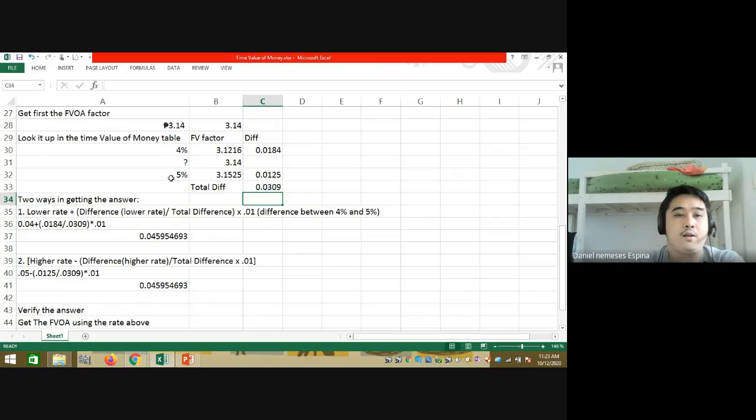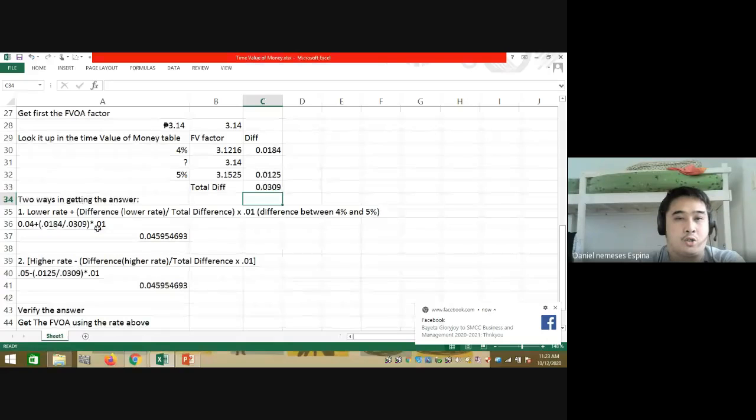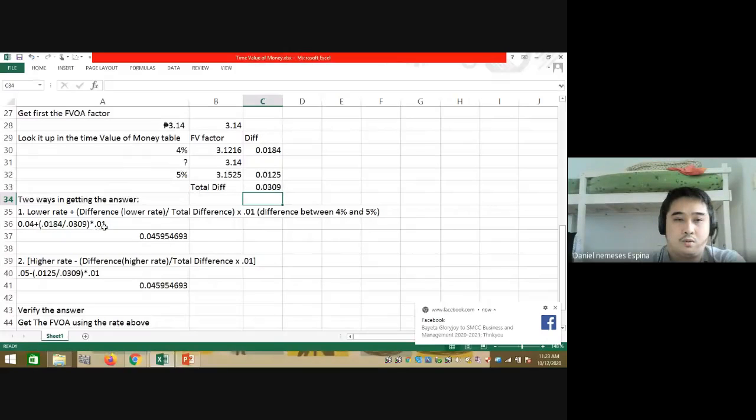That's the distance between 4% and 5%, which is only a 1% difference. So here are the figures. The lower rate is 4%. The difference is 0.0184. Divide by the total difference, which is 0.0309. Then multiply it by 0.01, the distance.